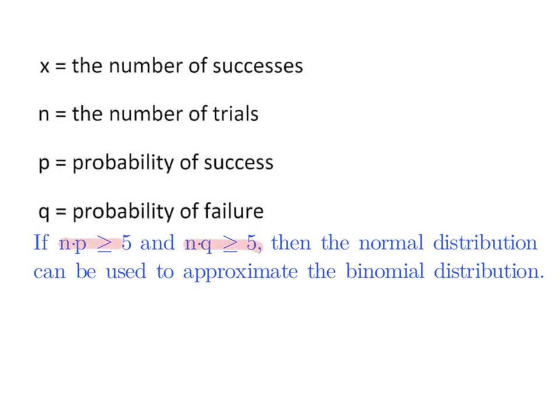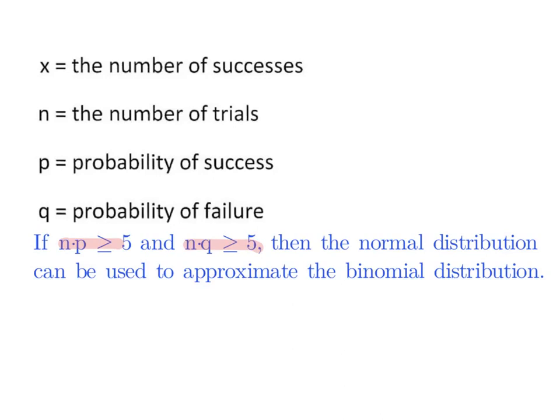We have to take the actual steps to multiply n times p and multiply n times q and demonstrate that, yes, those products are indeed greater than or equal to 5. So you can use normal CDF. Once we do this, then we're going to be able to do normal CDF. So that's basically saying then the normal distribution is normal CDF, okay.